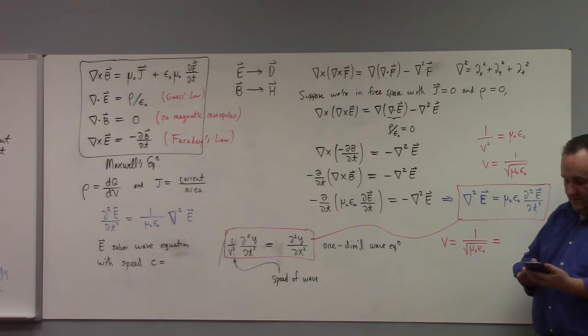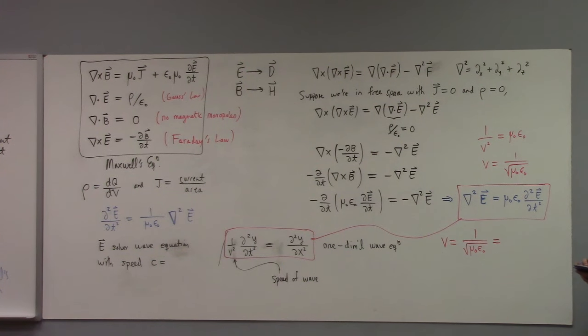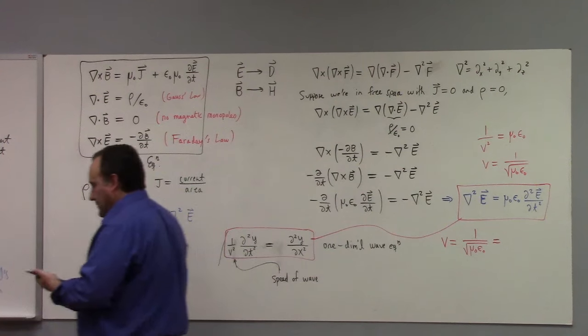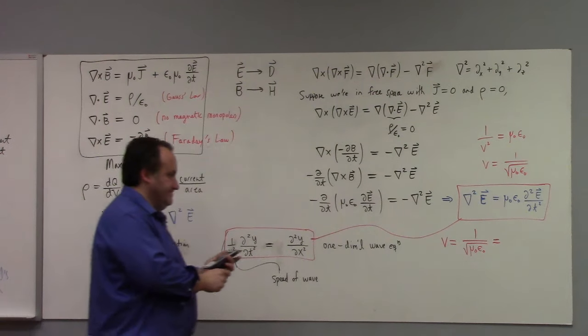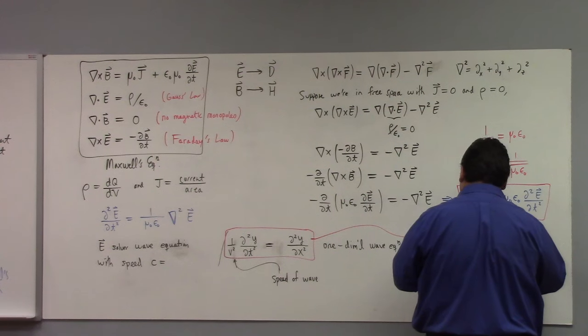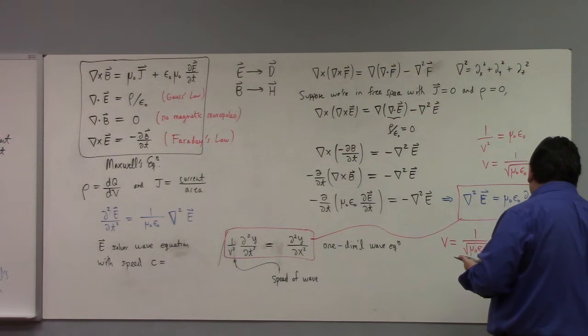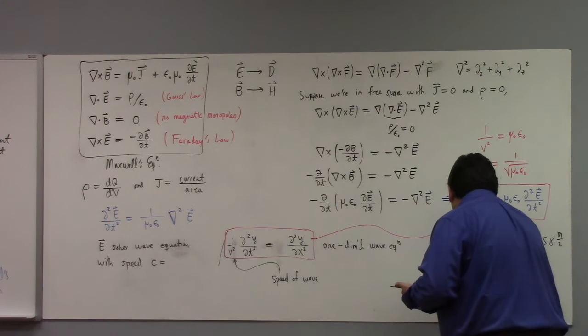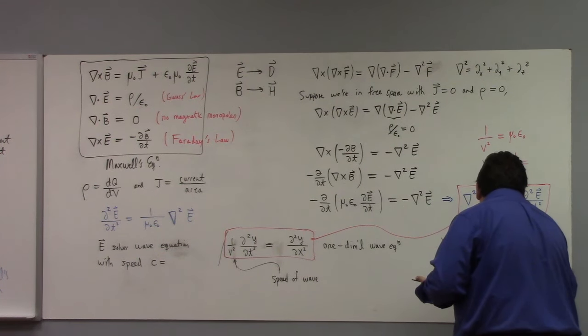So that gives me 1.126 and so on, times 10 to the minus 17. Square root that, and then reciprocate. And I get 299,792,458 meters per second. Or if you like, c is about 2.998 times 10 to the 8th meters per second.